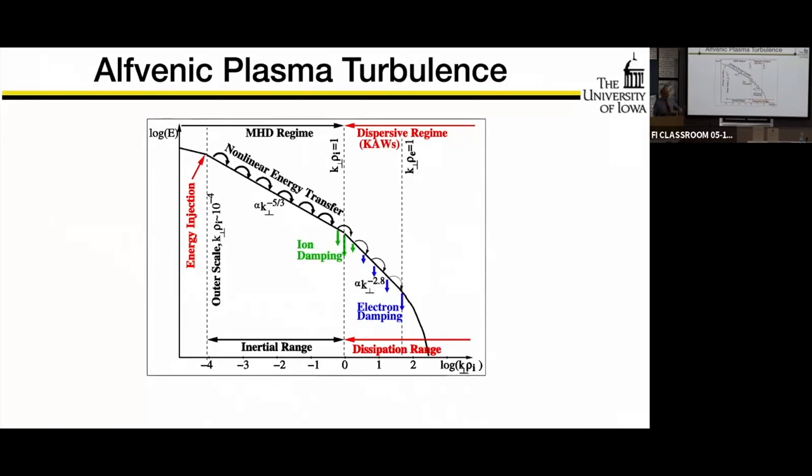And as it goes further and further, the electron damping gets monotonically stronger and stronger until eventually it's strong enough to completely remove the energy from the turbulence and give it to the electrons, and you've terminated the turbulent cascade. And so you have sort of a weakening nonlinear energy transfer in this regime. And in addition, and I won't go into this too much, but you also tend to find current sheets that arise at those scales quite frequently when you're looking at things like spacecraft measurements or turbulence simulations.